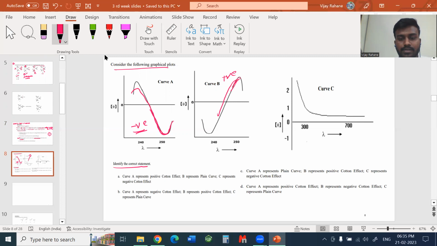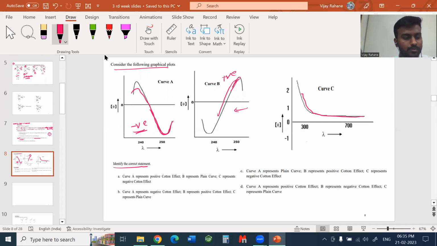With the decreasing wavelength, you can see here it decreases. Firstly it increases and then it decreases. Here first increases then decreases, it's positive. Here first decreases and then increases, it's negative. And here you can see it's in plane. So this one is the plane, so it doesn't show any Cotton effect.